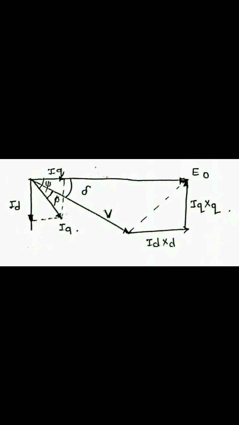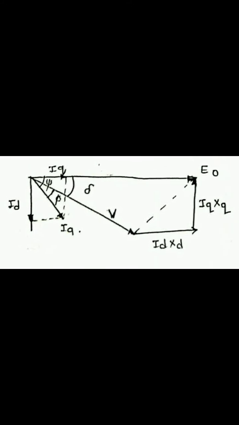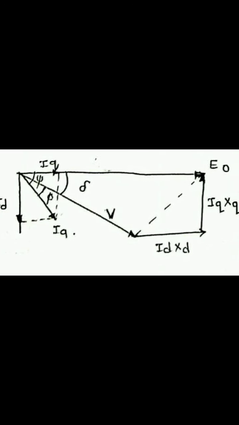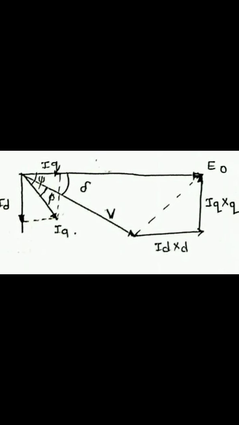So the angle between those two terms is called delta. As shown in the vector diagram, Id is the direct axis component of current, Iq is the quadrature axis component of current. The angle between E0 and the current Ia is the angle psi, and the angle between the voltage and current is phi. So these are the vector diagram of an alternator.